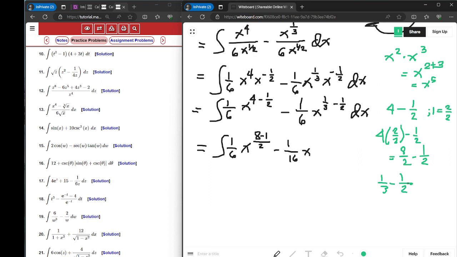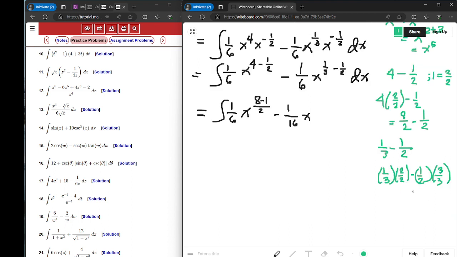But if we multiply 1/3 by 2 over 2 and 1/2 by 3 over 3, remember that 3 over 3 is just equal to 1. So that means we did not change any value. We did not change the value of 1/3 because 2 over 2 is just 1.